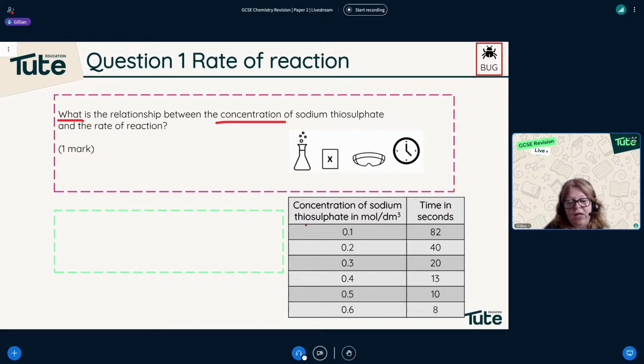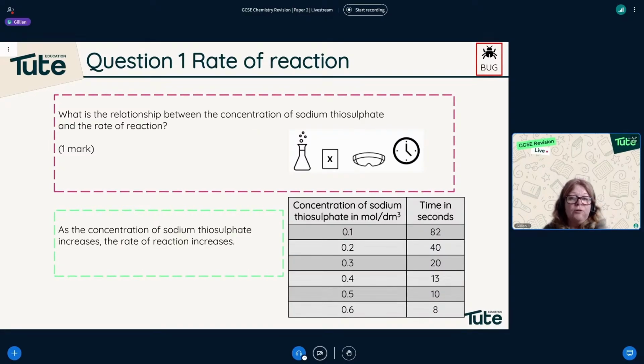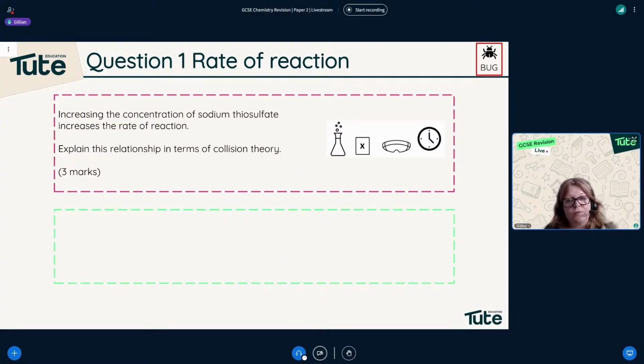As you can see, as the concentration increases, the time taken for the cross to disappear decreases, which means that the reaction is happening at a faster rate. So as the concentration of sodium thiosulfate increases, the rate of reaction also increases. And again, just be mindful, it's only 1 mark. We're just being asked about the relationship between those two variables.